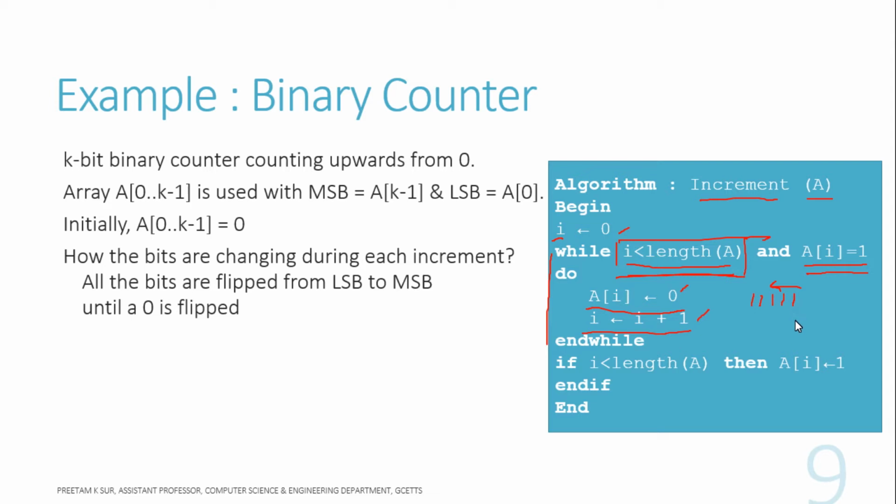Once it converts all of them, it will find that the index is no longer in range, so the index i is getting out of the bit string. At that point it will stop executing the while loop.